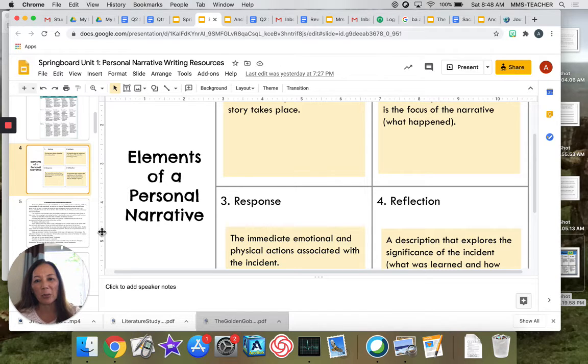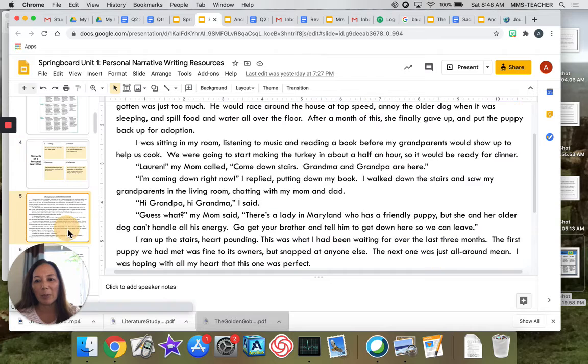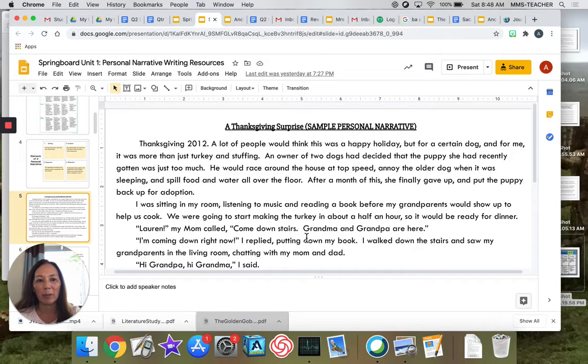So let me share with you an example of a personal narrative written by a student a few years ago. And as I read this, try to pick out the setting, the incident. What is she actually writing about? What is this significant thing that happened in her life? 3, what was her response?